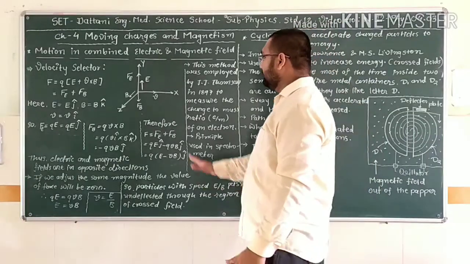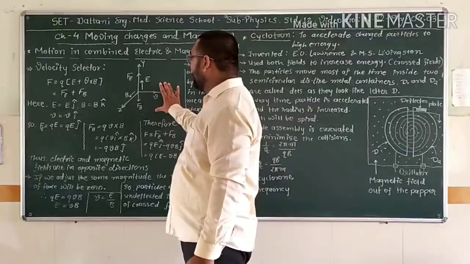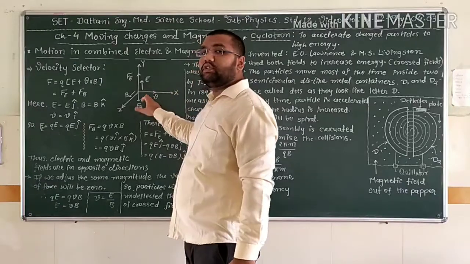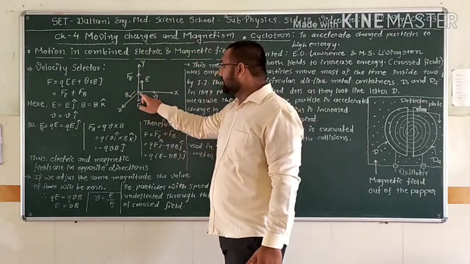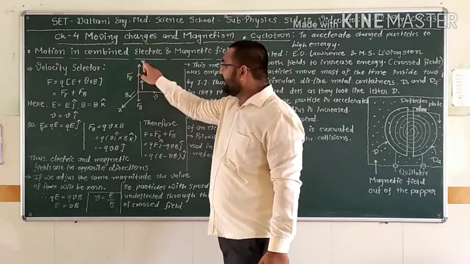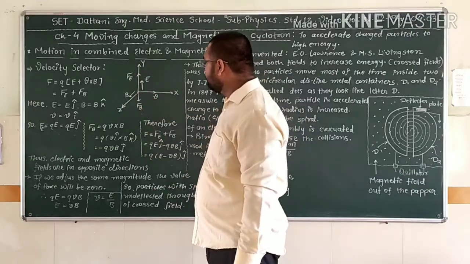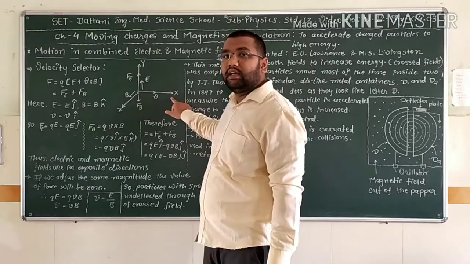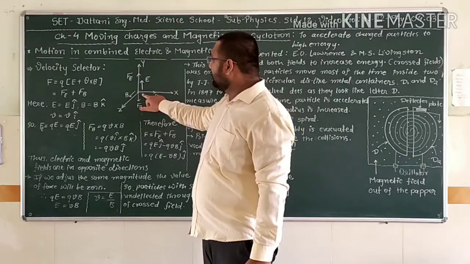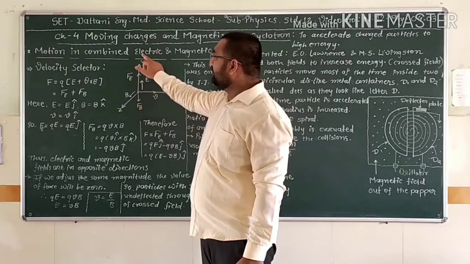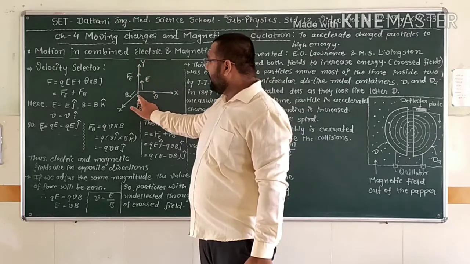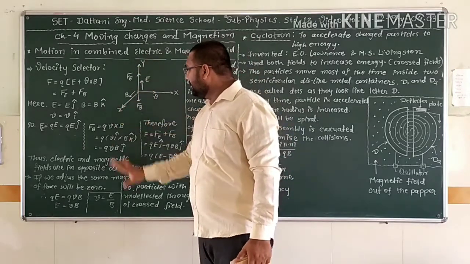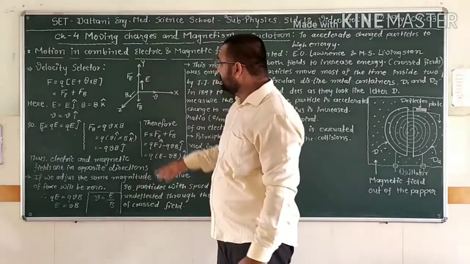So this is our schematic diagram. Here we have three axes. This is our x-axis, y-axis and z-axis. So the velocity is in x direction, the electric field is in y direction and the magnetic field B is in z direction.